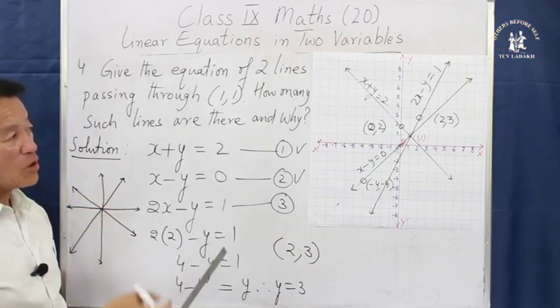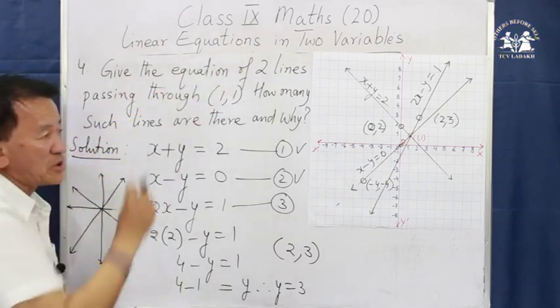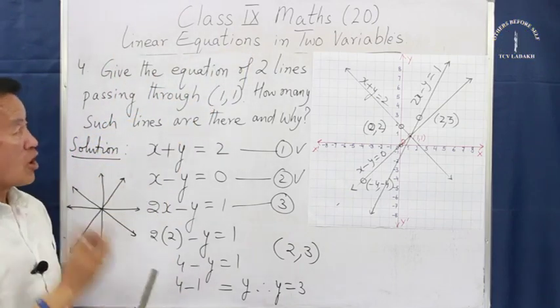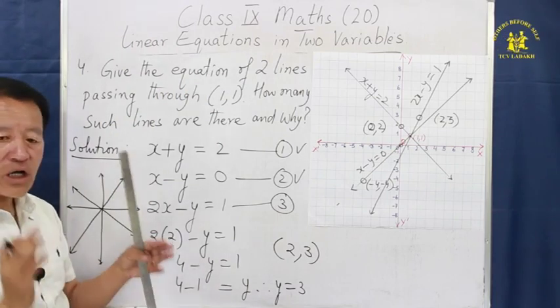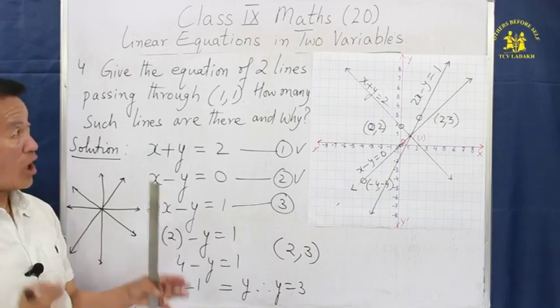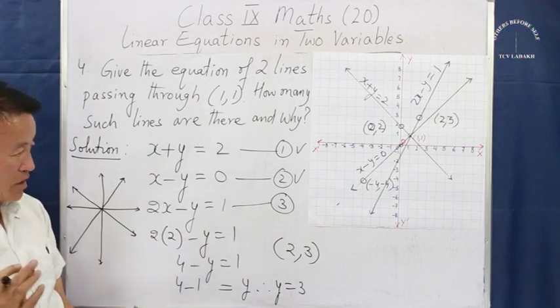Okay, and that will also serve as one of the characteristics of linear equation in 2 variables. Earlier we also said that in a given linear equation we can have countless number of solutions, right?